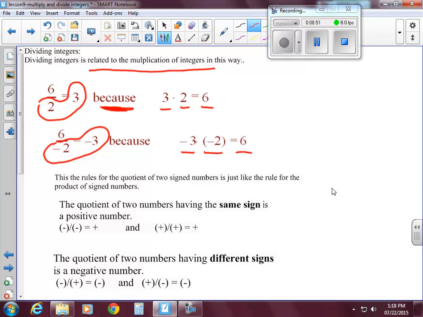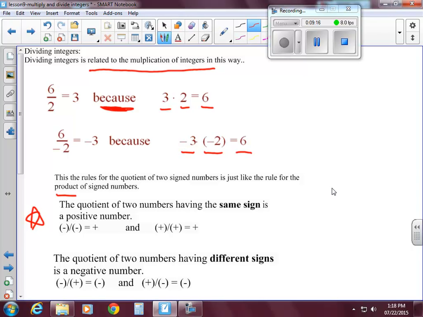So we know that you can always check a division problem via multiplication, right? Well, then one would think that the same rules apply. Like if the product of like signs is positive, then the quotient of like signs is going to be positive, and that's exactly what happens. So if you're looking for a rule, it's just like the rule for the products.